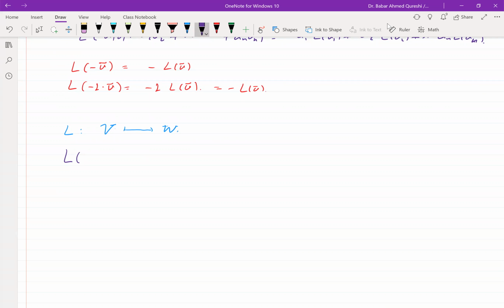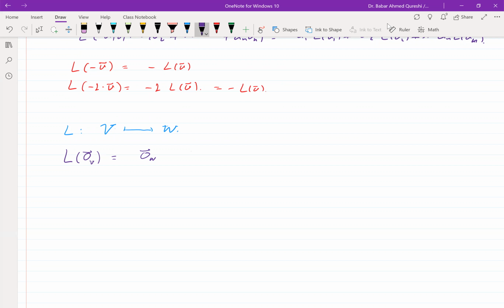That's part of the definition. Now what is this property? It says that if I apply the linear transformation on the zero vector, then I must get the zero vector in the W space back.